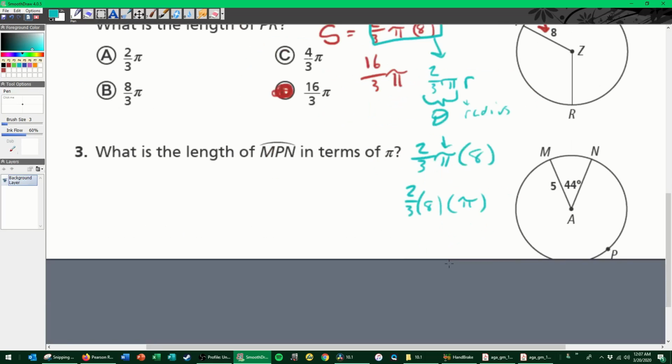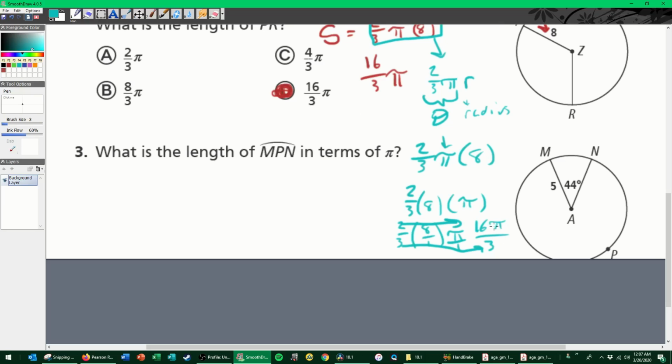And then when I have 2/3 times 8, what a lot of people forget to consider is this is the same as 2/3 times 8/1 times pi. And that's much easier to see that if I multiply straight across, I get 16 pi over 3 times 1 times 1, which is 3. So then I do have 16/3 pi.